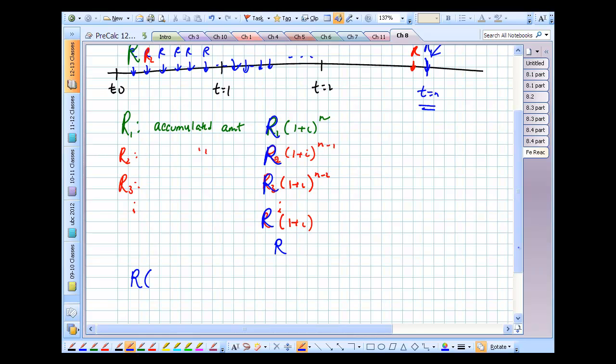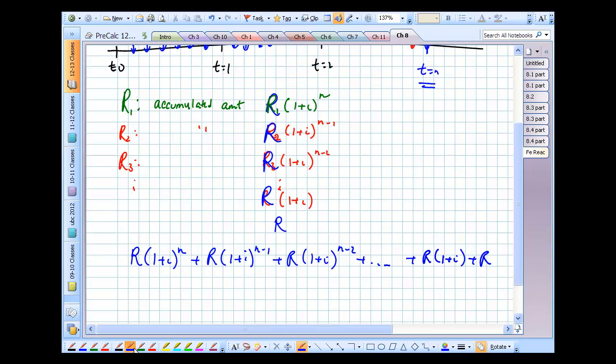We've got R, bracket 1 plus i to the power n, plus R(1 plus i) to the power n minus 1, plus R(1 plus i)^(n minus 2), and so on and so forth, R(1 plus i) plus R. Notice there's R involved, so I could factor out the R, but let's just leave it like this for now.